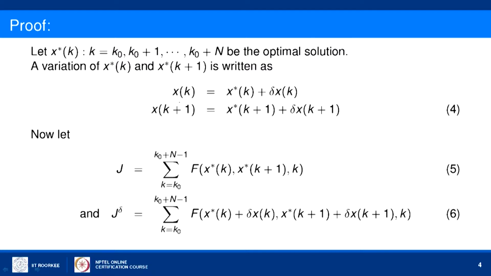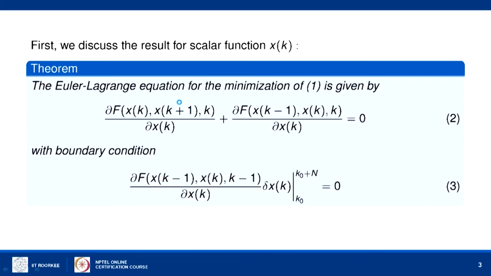We note that first we derive this theorem for the case where x of k are not vectors, they are scalar functions. The same expression can be derived later for the vector functions. That can be easily generalized. So, right now we are assuming that F is a function of the real valued functions xk plus 1 and k is a real number.